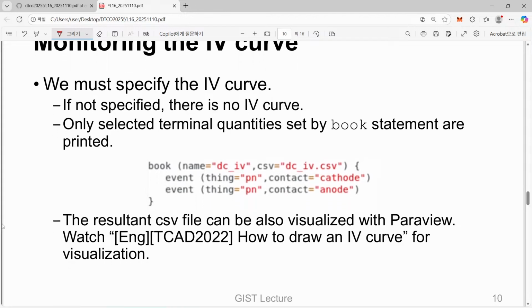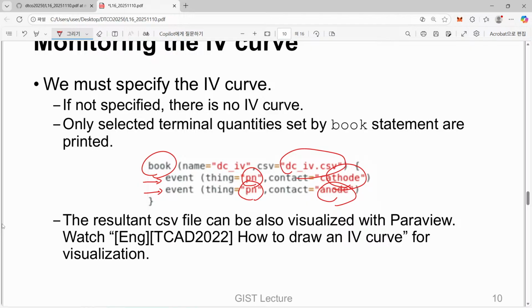Here we have a new statement called a book, and using this event one, we can print out the quantities of the PN junction: anode voltage and current, and cathode voltage and current, are printed in this text file, a CSV file.